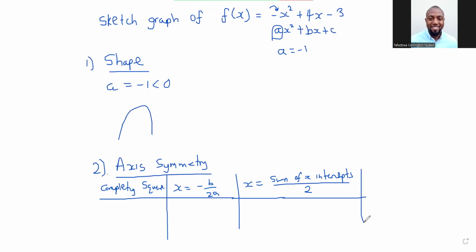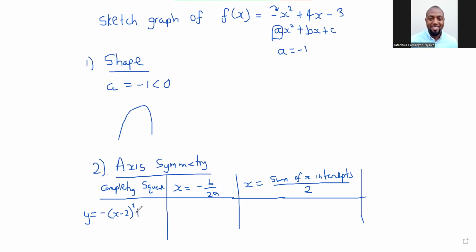So let's start with completing the square. When you complete the square, which I'm not going to do because I don't want to take much time, this is what you're going to get: y is equal to negative x minus 2 squared plus 1.